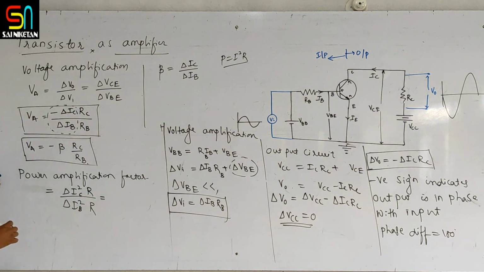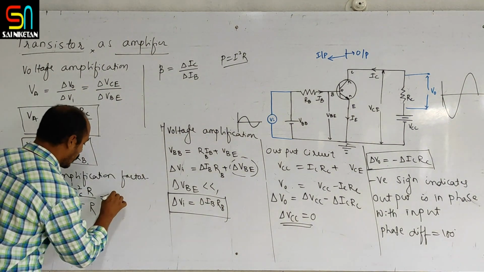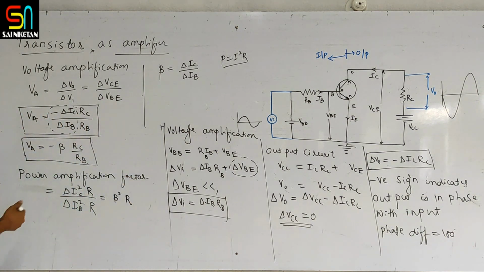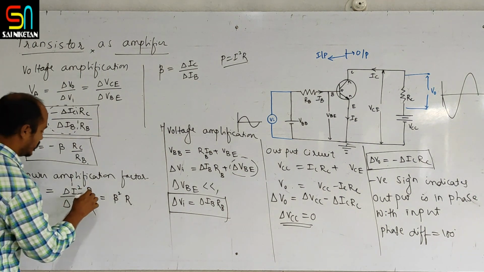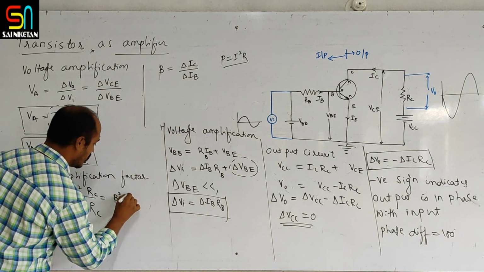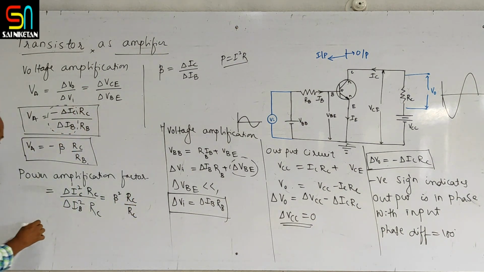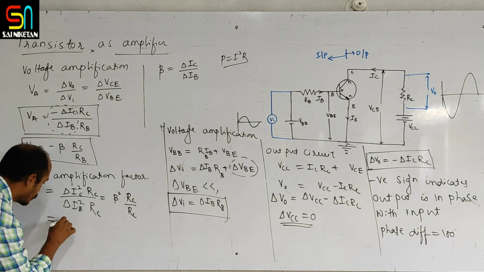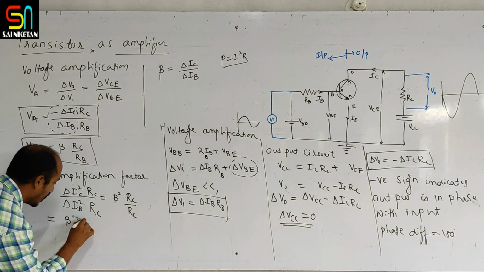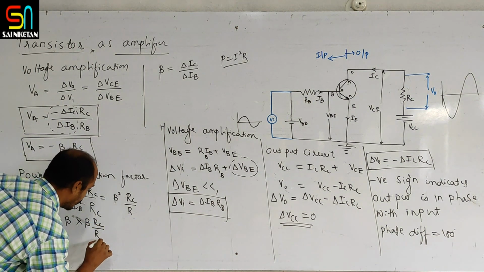It will become beta square multiplied by RC divided by RB. This can also be written as beta multiplied by beta RC divided by RB.